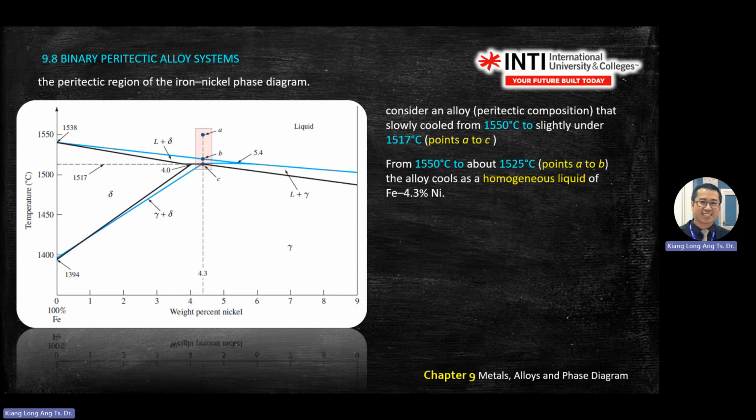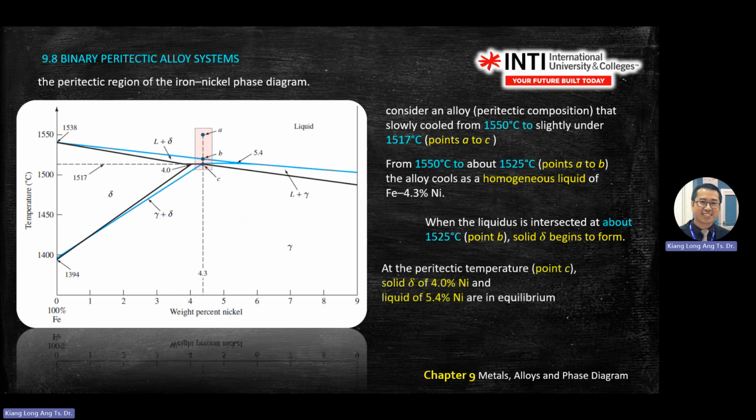The alloy cools down from liquid, and then the first delta forms at point B. The first, the pro-peritectic phase, forms at this point B here, and it will be delta solid. Okay. Then you drop down from B to C, the delta of 4% and the liquid of 5.4% nickel are in equilibrium.